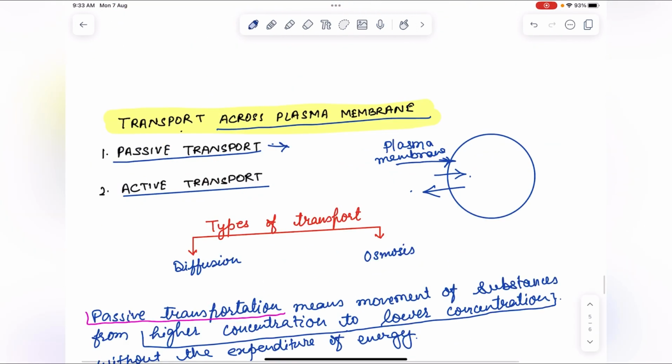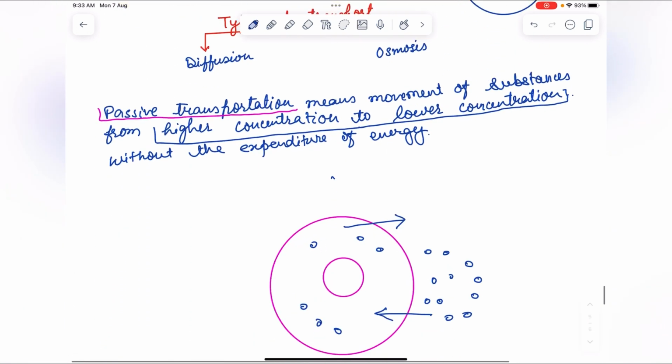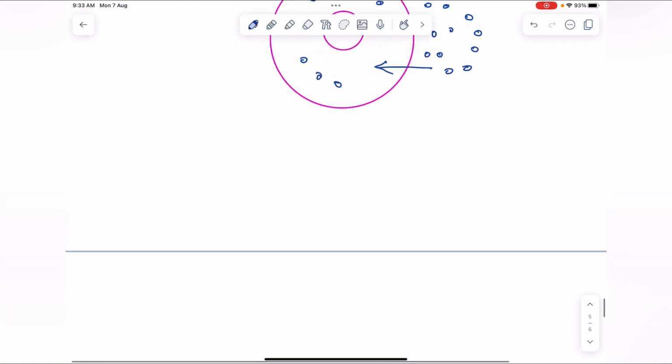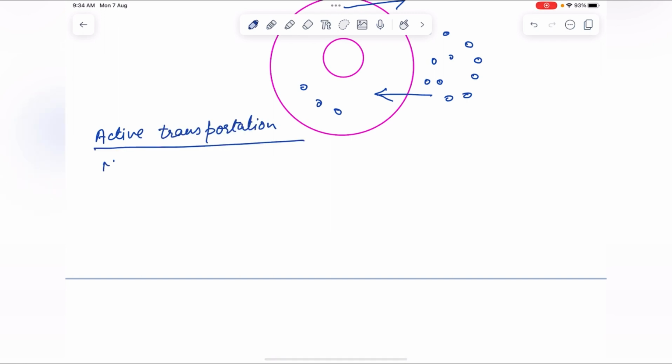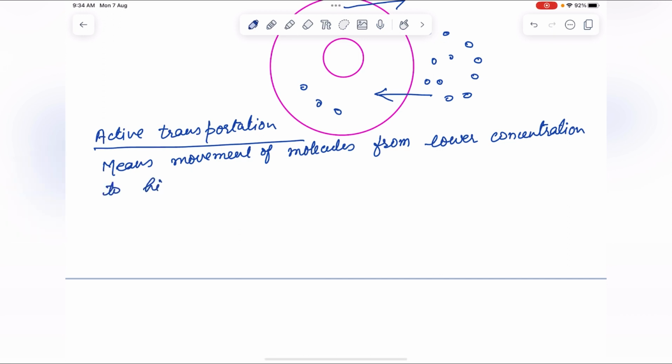Next is active transportation. What is active transportation? Active transportation is the movement of substances across the plasma membrane against the concentration gradient with the expenditure of energy. It means movement of molecules from lower concentration to higher concentration.